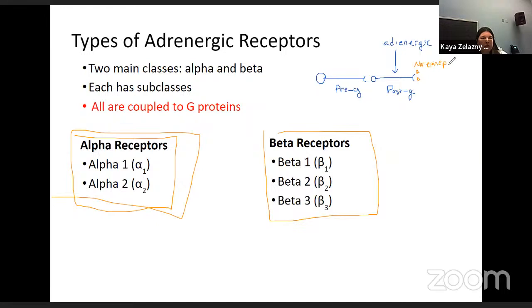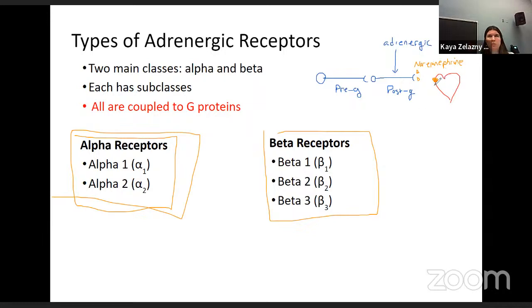So when we're talking about our adrenergic receptors, we're talking about cells that are receiving that signal, right? So I'm going to just pick, for example, the heart, right? So we're now thinking about receptors on our effector organ that are receiving that signal from norepinephrine or from epinephrine.